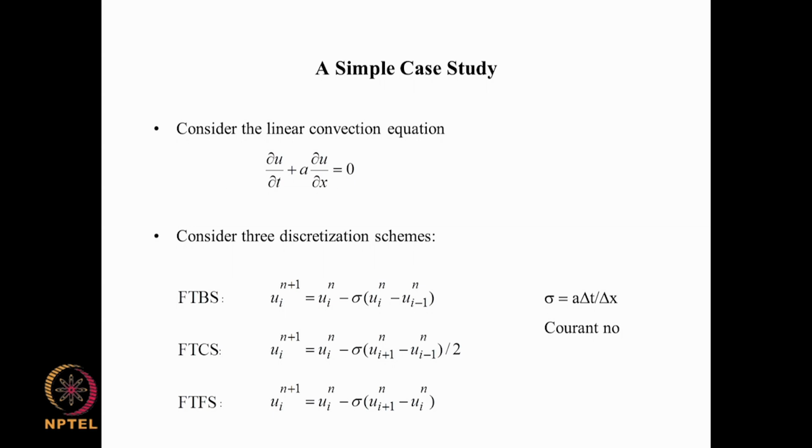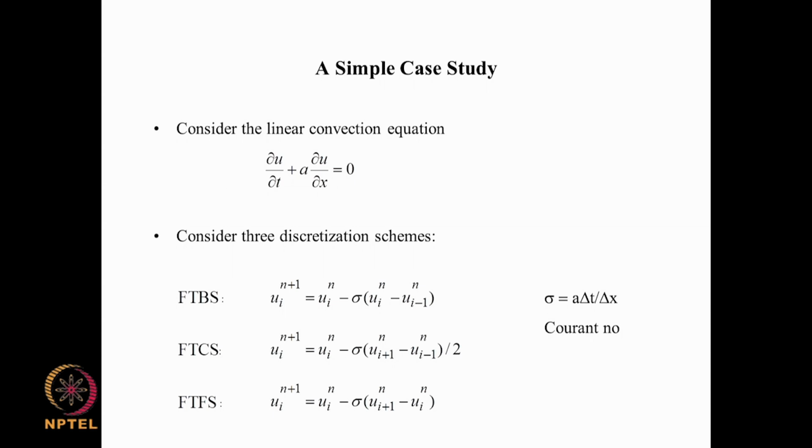Okay. So, this is the situation that we have with the simple linear convection equation, and this brings out the difficulty in getting a numerical solution if we take a very naive approach. And so, what we are going to do in the next module is we will do a proper analysis of the discretization that we obtain from these kinds of differencing schemes, and then we see what are the conditions in which we can get a proper solution.